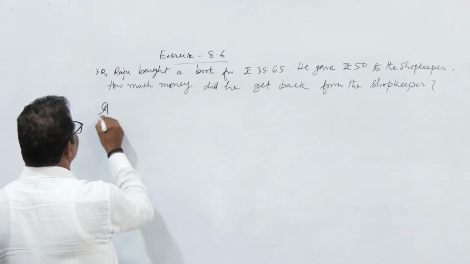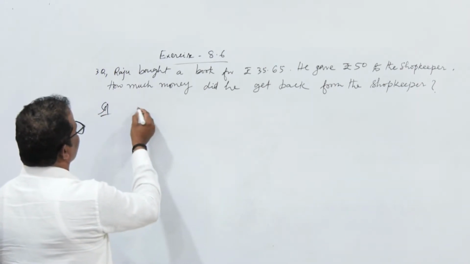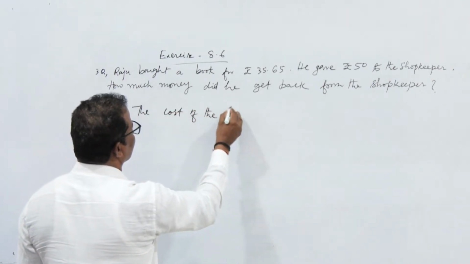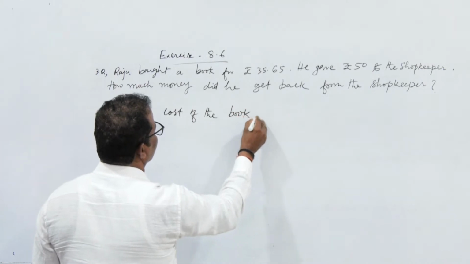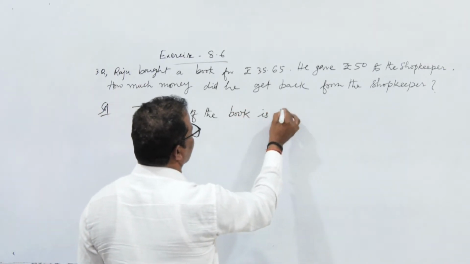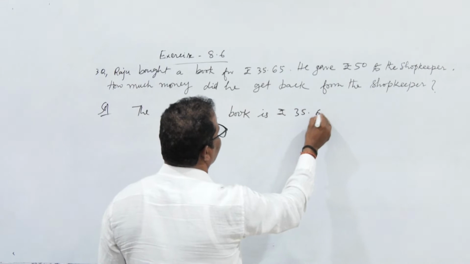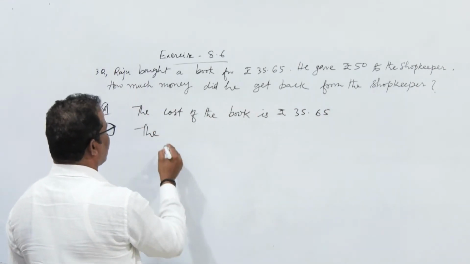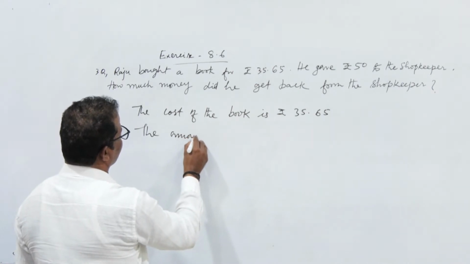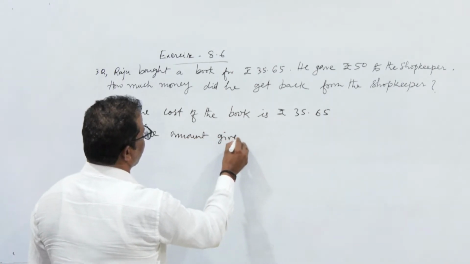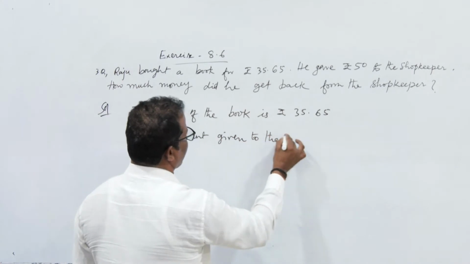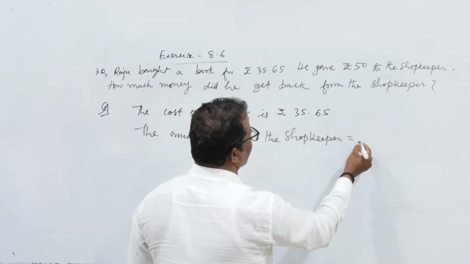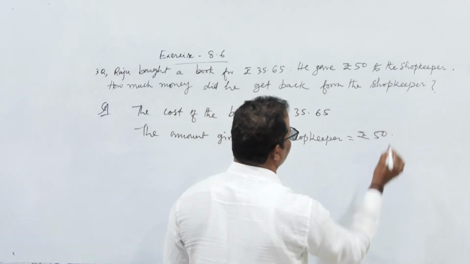So in the solution you can see the cost of the book is how much? Rupees 35.65 paise. The amount given to the shopkeeper is equal to how much? Rupees 50.